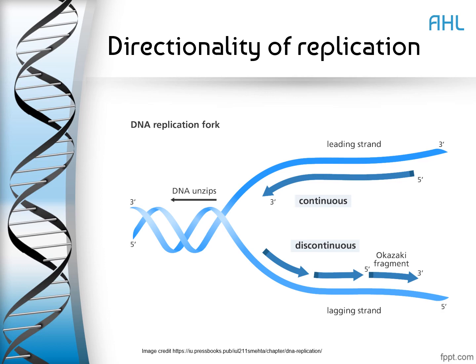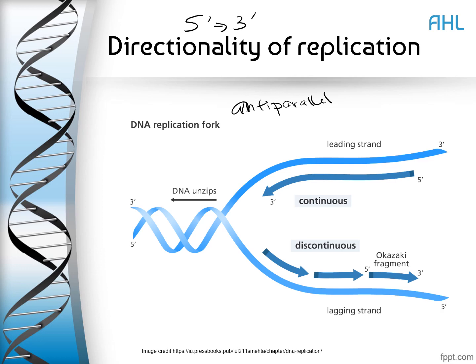The directionality of replication, the fact that polymerase can only bind nucleotides together in a 5' to 3' direction, combined with the anti-parallel structure of DNA strands, makes things pretty complex. Remember that anti-parallel, that's an A and an N. Anti-parallel refers to the structure of DNA as running in opposite directions.